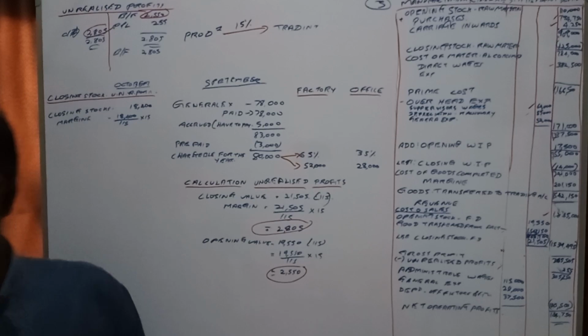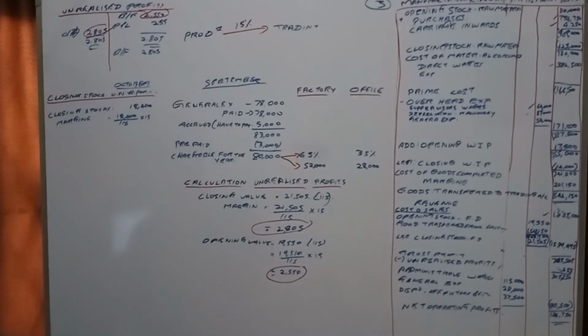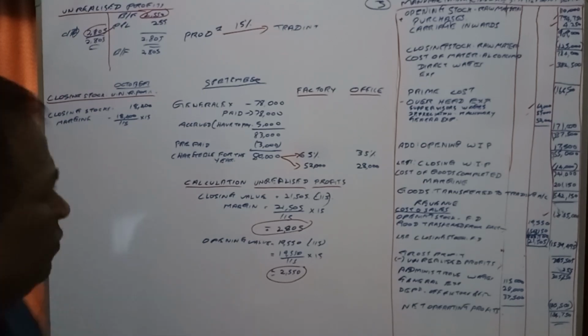How much is the 15%? 18,400 divided by 115 into 15 is equal to 2,400.